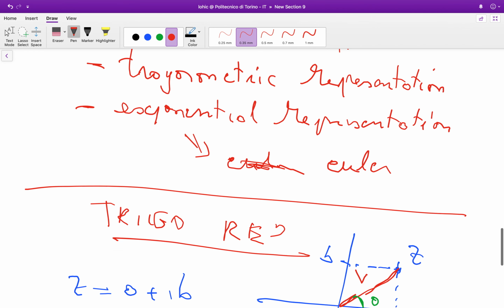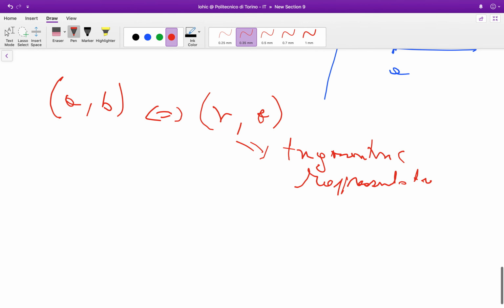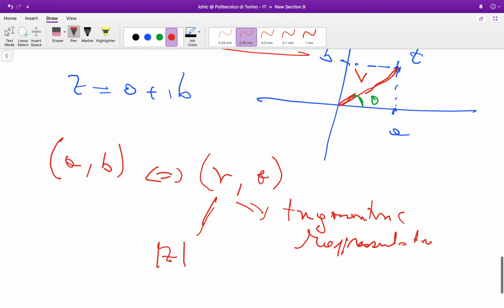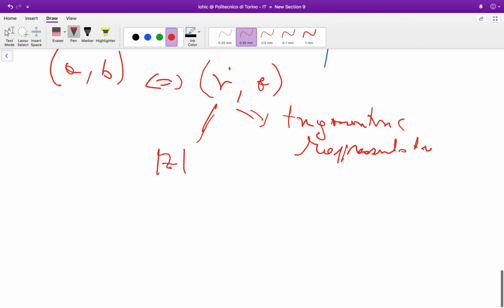What is the relationship? How can I compute r and theta using a and b? This r is also called the modulus of the complex number. The modulus is the distance of that complex number from the origin. Yes or not? So how do you compute it?